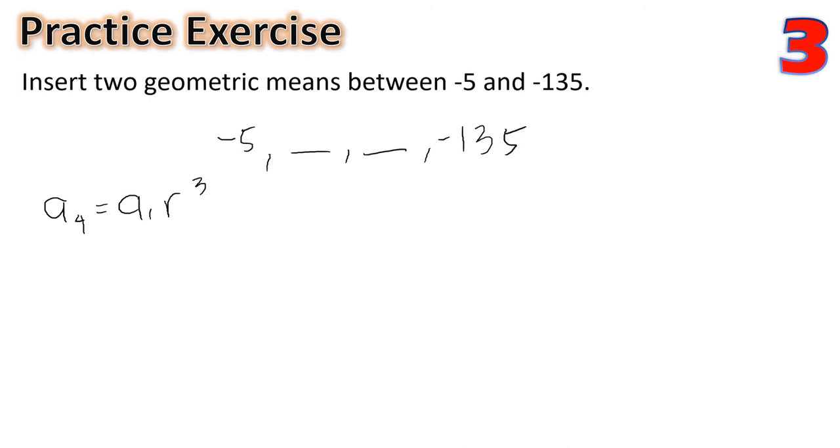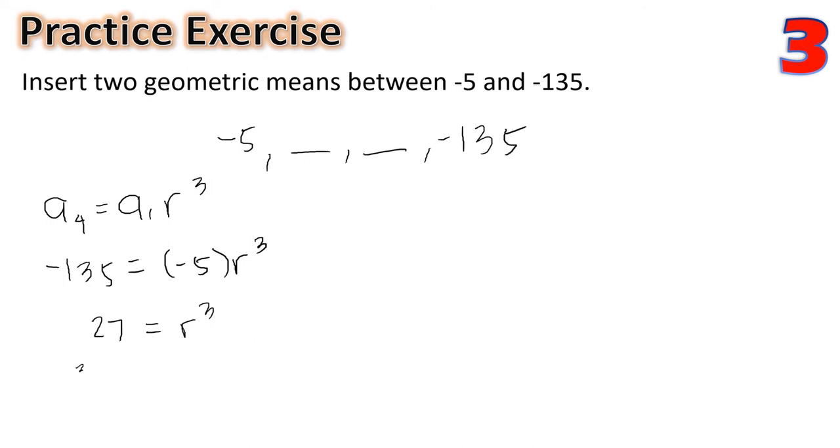A sub 4 is -135. A sub 1 is -5, then we have r cubed. Dividing both sides by -5, -135 divided by -5, that is 27, equal to r cubed.